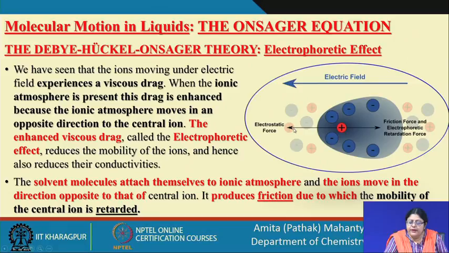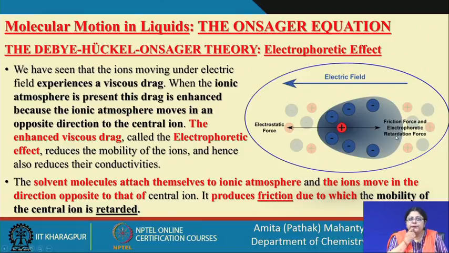So, we have a frictional force which is going to draw the ions backward, and the frictional force and the electrophoretic retarding force will try to pull it back. So, what is this electrophoretic retarding force?